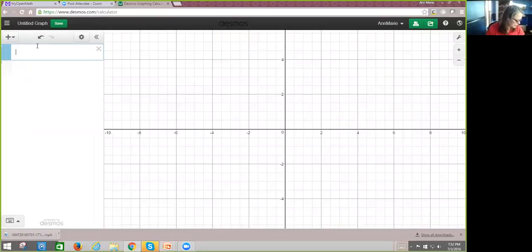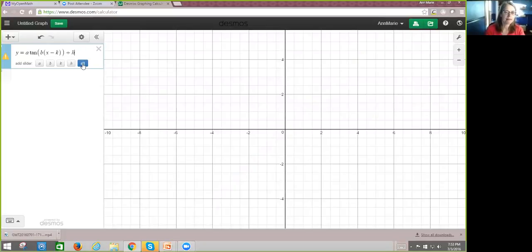So we're going to look at a vertical shift and a horizontal shift. Now let's see. B times x minus k. We don't generally worry about vertical shifts, but we'll play with it anyway.